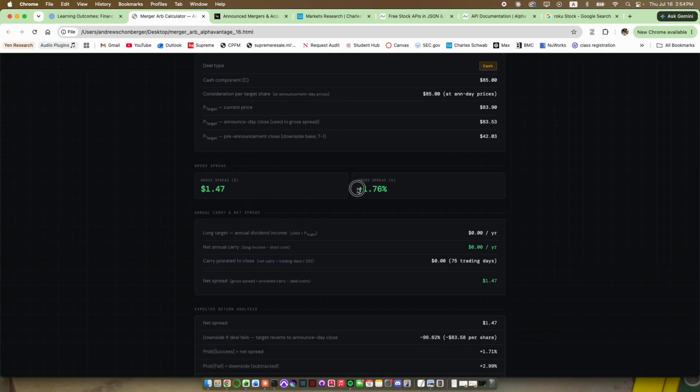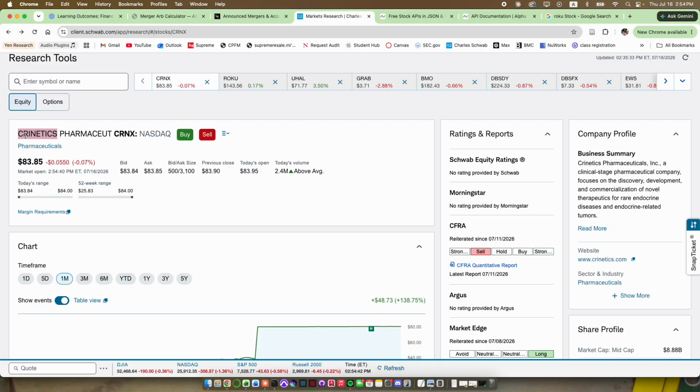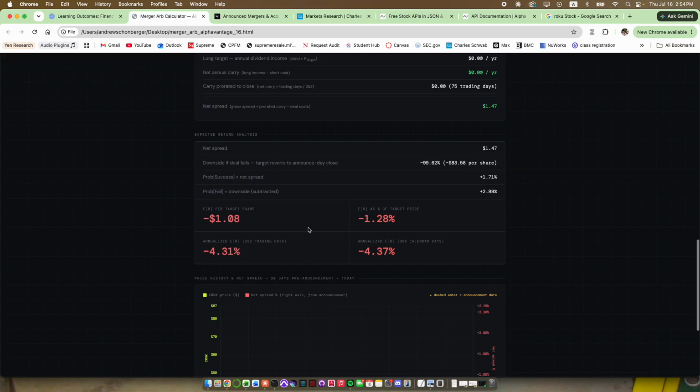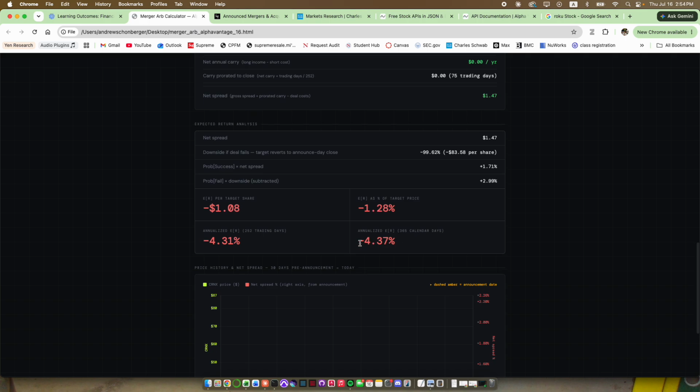And so you can see it's much lower, only 1.76% return if you had bought Crinetics right now and then the deal went through. But overall, you actually have an annualized expected loss just by owning the stock.